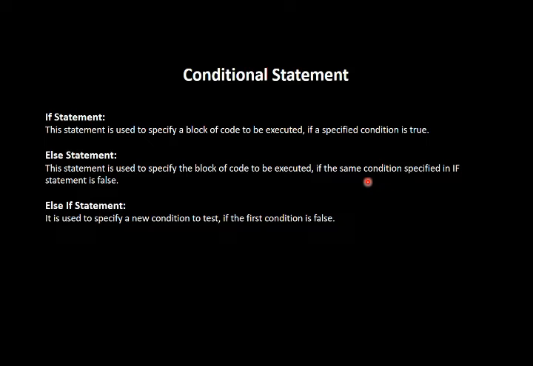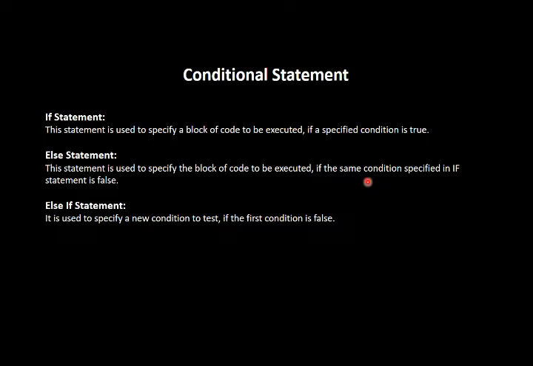Else means the condition is false, now do something else for me, do another thing. So in else we will also give some block of code. If the condition specified in the if statement is false, it will run.